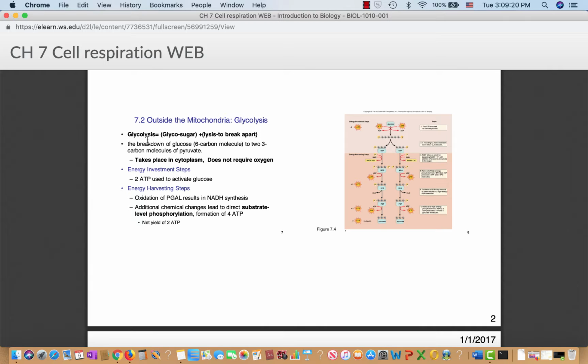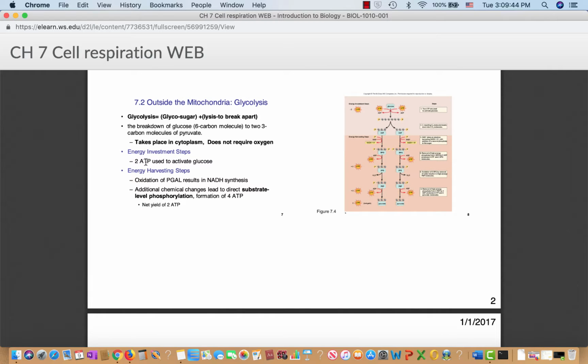Glycolysis means to break apart sugar. Glyco, sugar, lysis, to break apart. You're breaking down the sugar, in this case, glucose. You're taking one 6-carbon glucose molecule and breaking it down into 2 3-carbon molecules of pyruvate. It takes place in the cytoplasm and does not require oxygen.